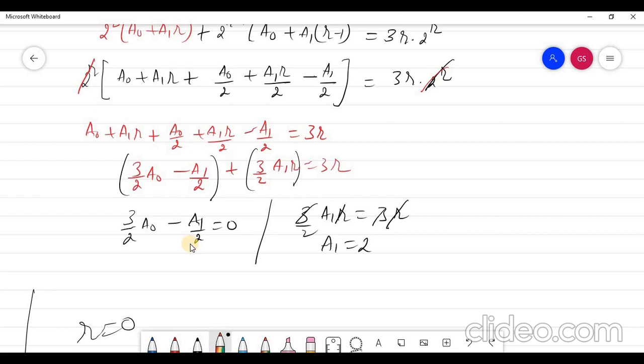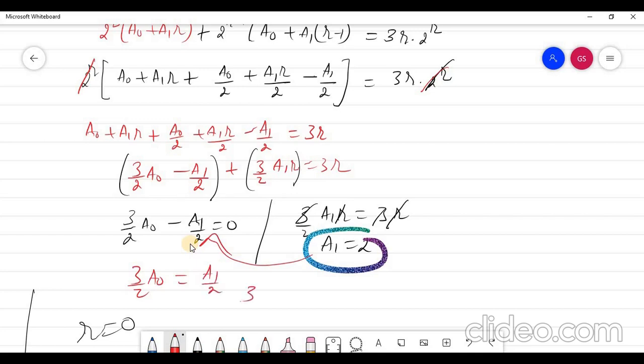So we are going to put a1 is equal to 2 in this equation. 3 by 2 a0 is equal to a1 upon 2. When we replace a1 with 2, we get 3 by 2 a0 is equal to 2 by 2, so a0 is equal to 2 by 3. So we get a1 is equal to 2 and a0 is equal to 2 by 3.